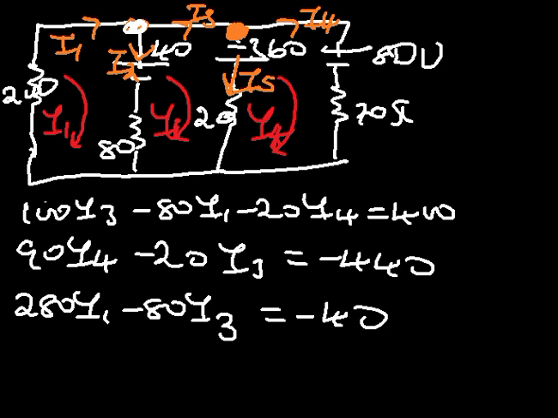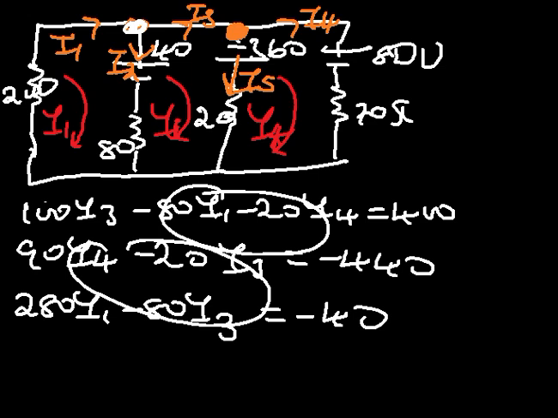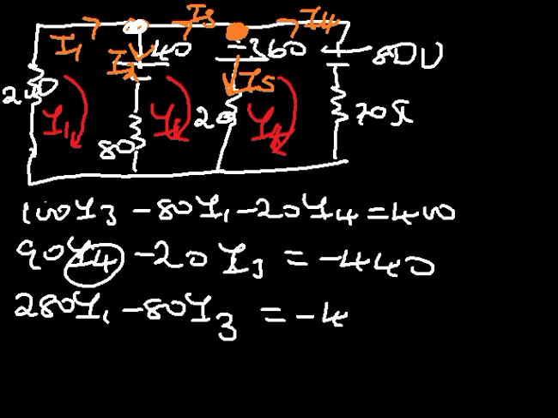If we make I1 the subject, we substitute it into the first equation, where there is I1, with what we got from that one. Then you see that you have two equations with two common unknowns, that is I4 as well as I3.